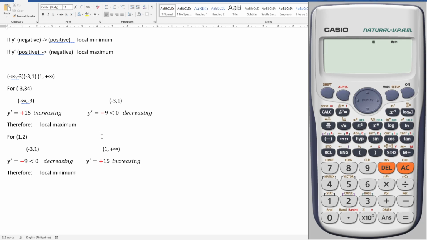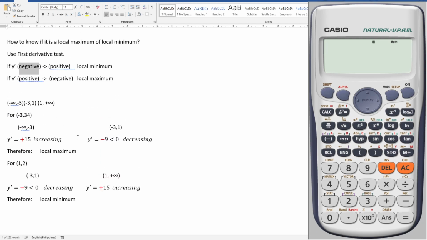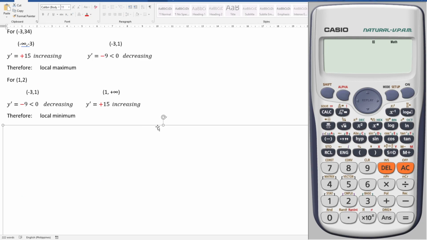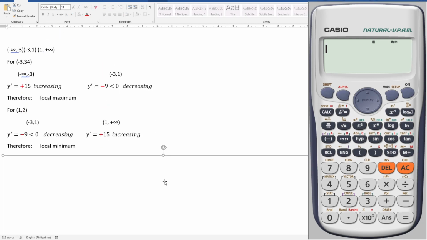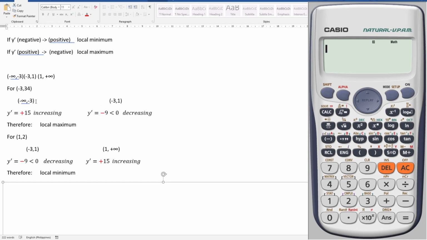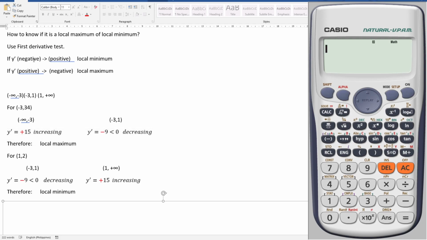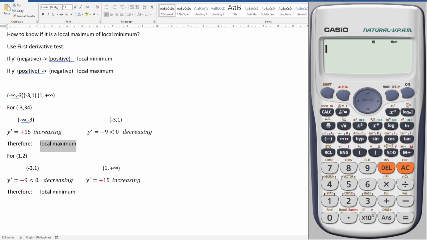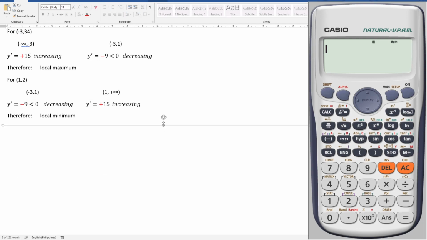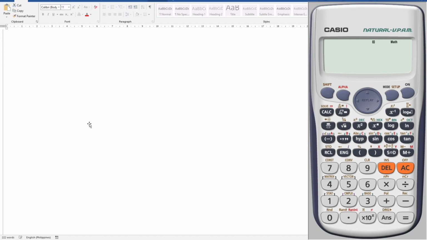We will discuss the point of inflection later. When the y prime does not change sign, just positive, that is a point of inflection. So again, if your y prime changes from positive to negative, it is a local maximum. If your y prime changes from negative to positive, therefore it is a local minimum.